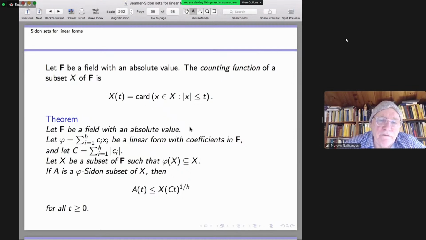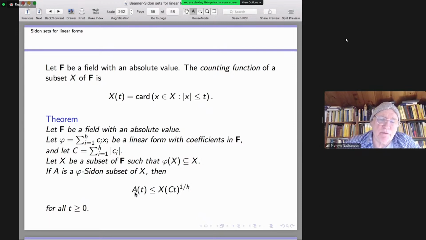You have a field with an absolute value, you take a linear form with coefficients in the field, let capital C be the sum of the absolute values of these coefficients, and take any subset of the field where phi of x is contained in X. So you take h elements from X, you evaluate phi at the form, and it gives you back an element of X. If A is a phi Sidon subset of X, these are the things we're interested in, then the counting function is basically X of C times T to the 1 over h.